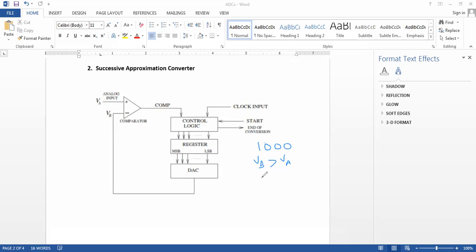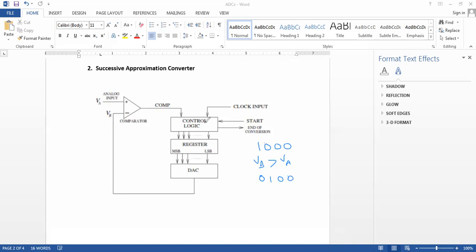So in other words, we clear the most significant bit to 0, and then we set the next significant bit to 1 and all the other bits 0. Next, 0, 1, 0, 0 is converted again into analog form to obtain a new value VB. And if VB is still greater than VA, the output of the comparator is 0.